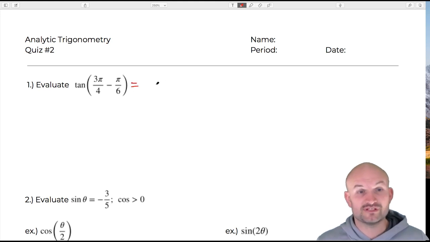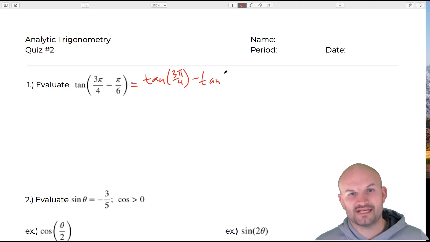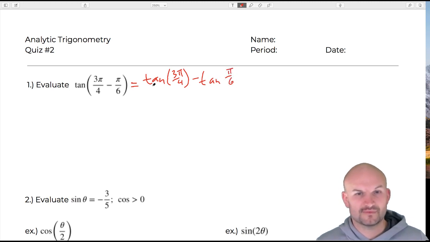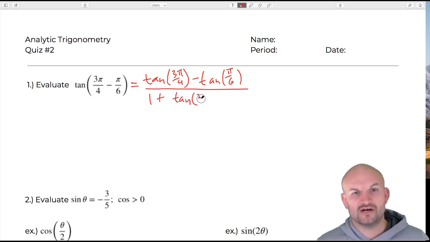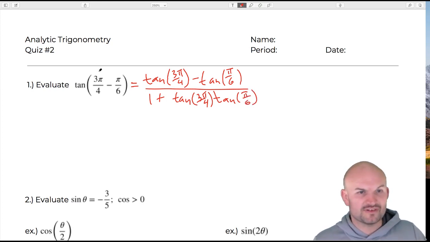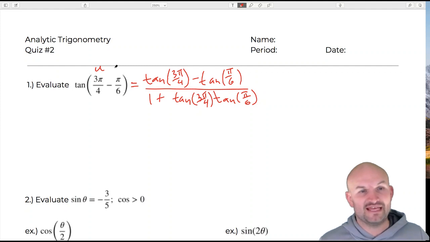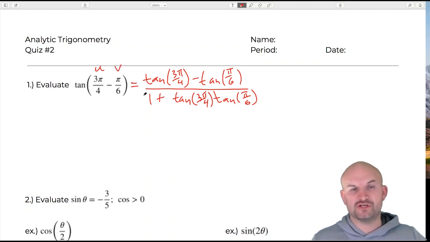So using the formula for tangent of the difference of two angles, we'd have the tangent of 3 pi over 4 minus the tangent of pi over 6, all over 1 plus the tangent of 3 pi over 4 times the tangent of pi over 6. This is just direct substitution, pretending these are my angles U and V, and plugging them into the formula.